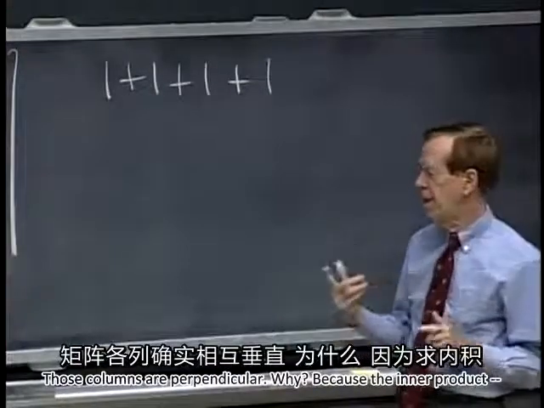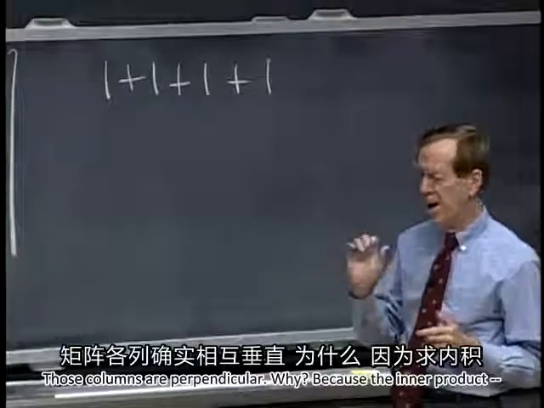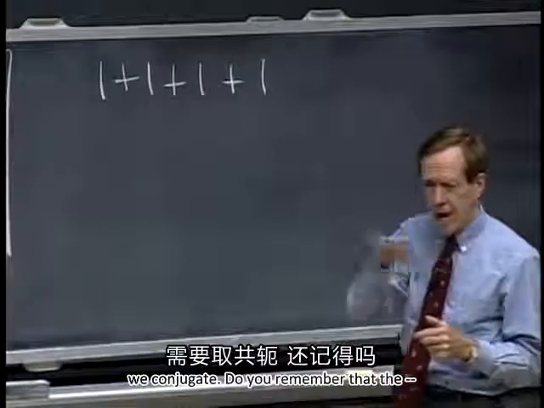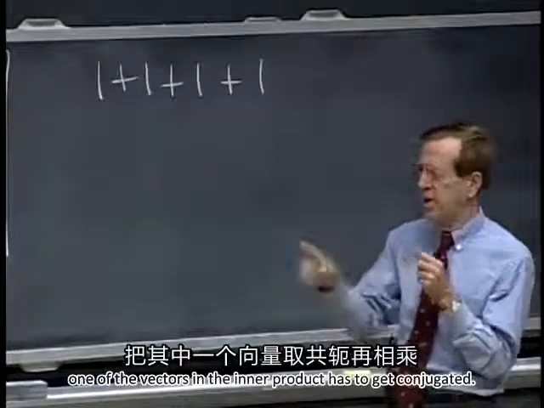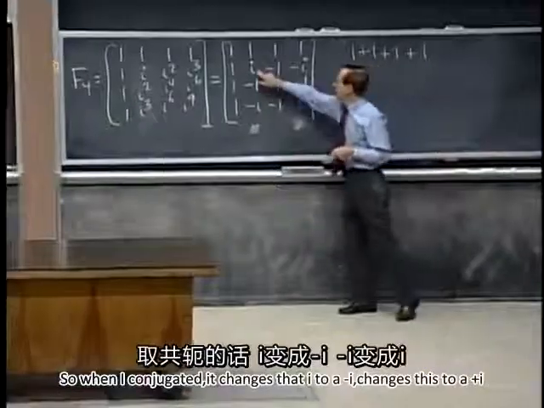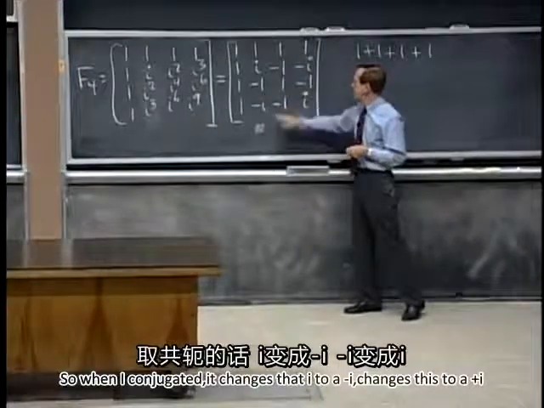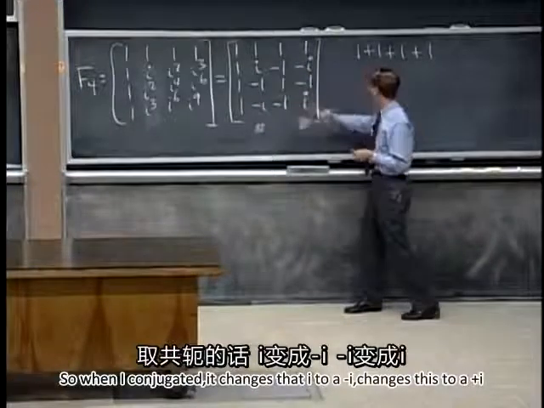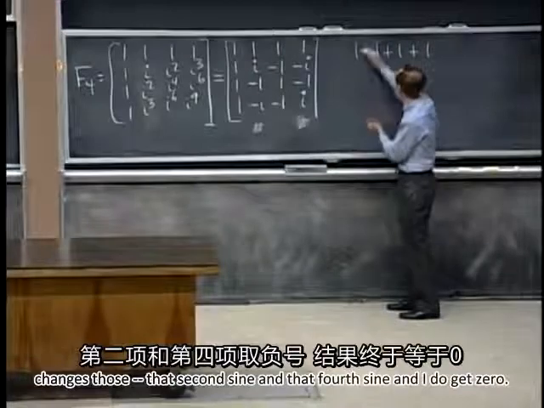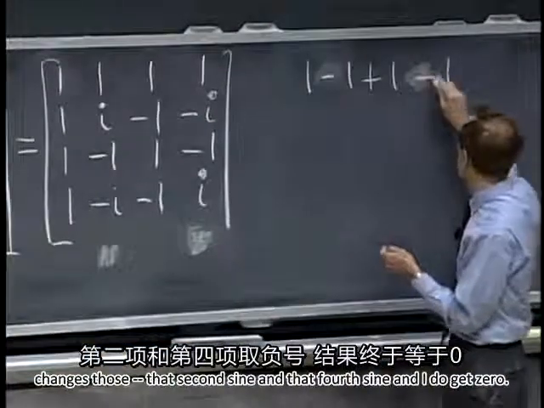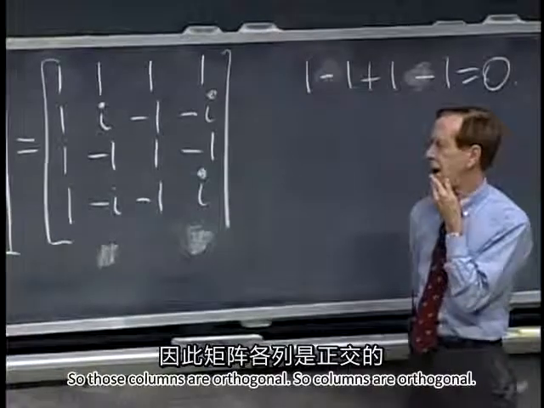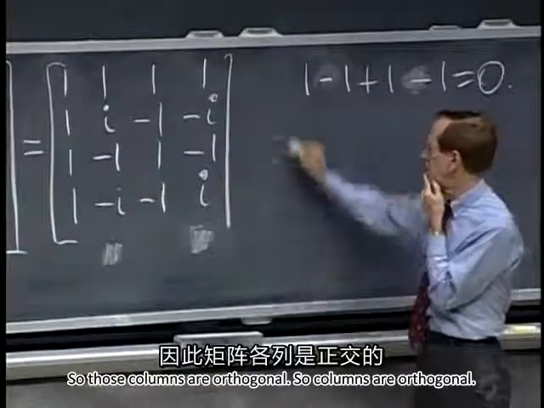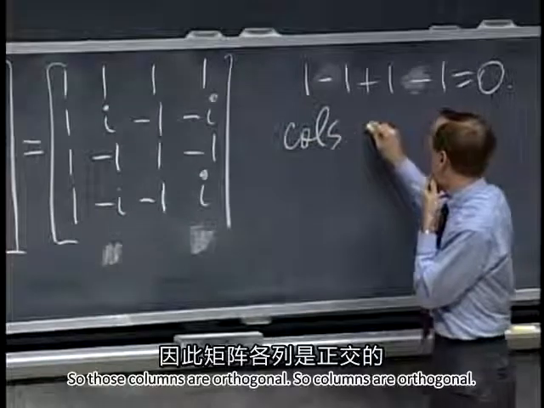Why? Because in the inner product, we conjugate. You remember that one of the vectors in the inner product has to get conjugated. So when I conjugate it, it changes that i to a minus i, changes this to a plus i, changes that second sign and that fourth sign, and I do get 0. So those columns are orthogonal.